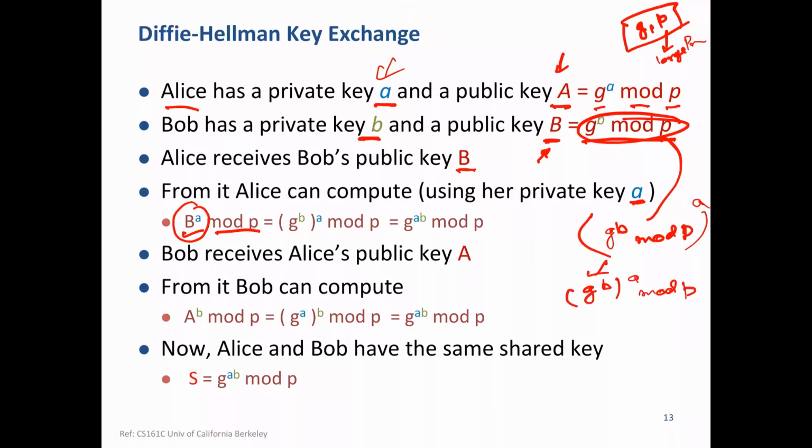So out of this we get g raised to the power b raised to the power a mod p, which is nothing but g raised to the power ab mod p, because of some property which you can read.